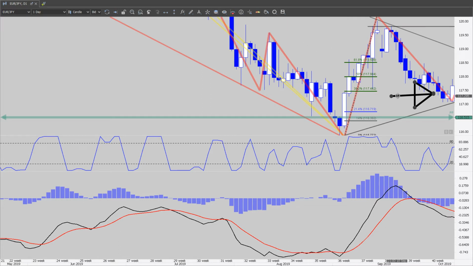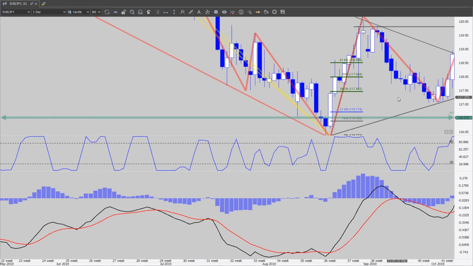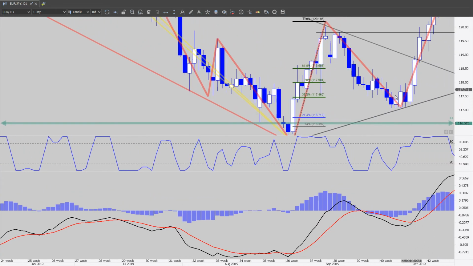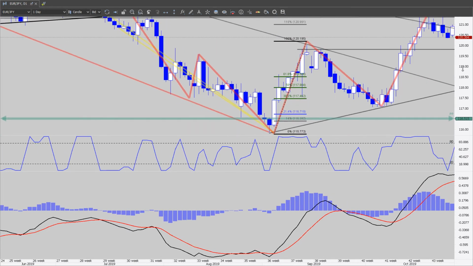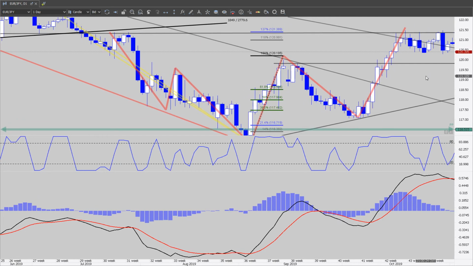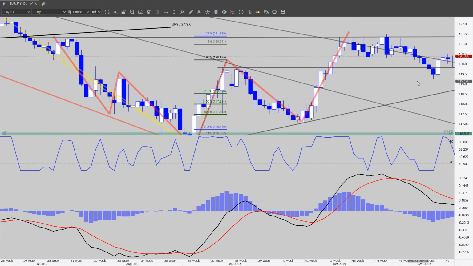So in the meantime, everybody, I'm going to talk about the Euro JPY. So this was not an entry for me, and the market went up, right? Market went up, and then reversed, so no entry for me. MACD reversed, no entry for me.